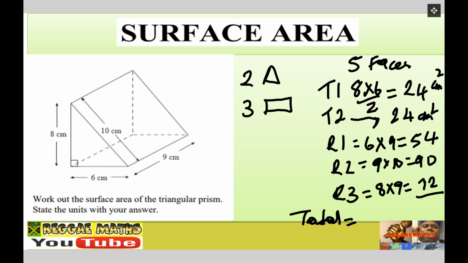So you got 24, plus 24, plus 54, plus 90, plus 72. So the total surface area is 264 centimeters square.